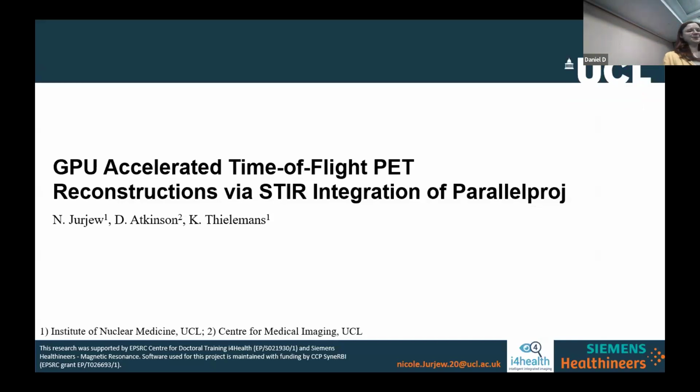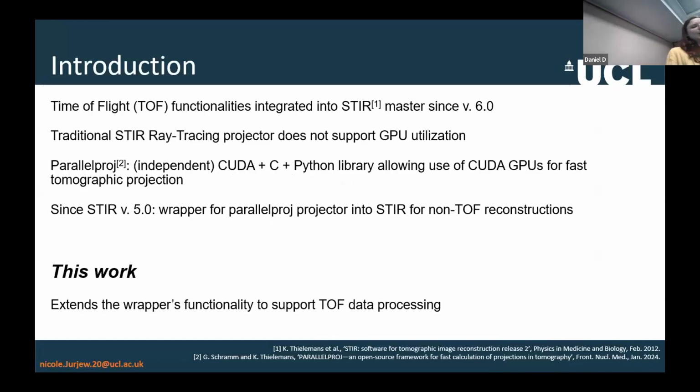Hello, everyone. My name is Nicole. I'm also Chris's PhD student, and I did a bit of work on GPU accelerated time of flight PET reconstructions via the STIR integration of Parallelproj. The time of flight functionalities have been integrated into STIR master since version 6.0.